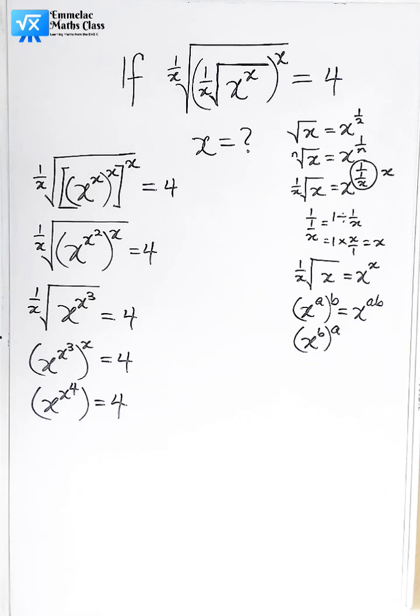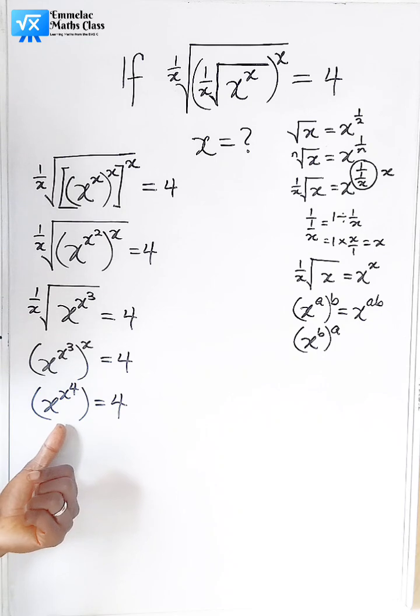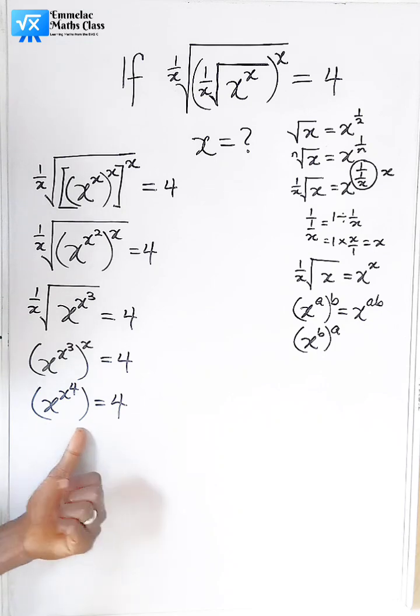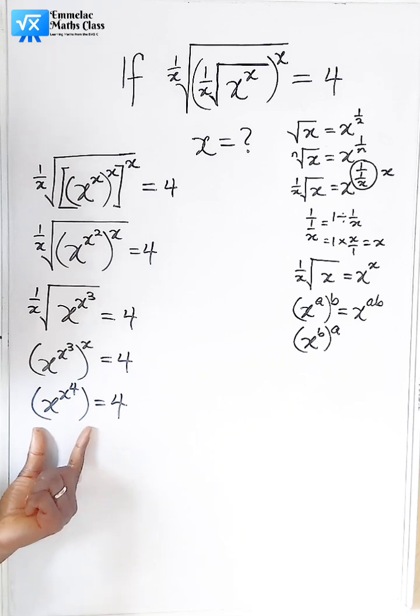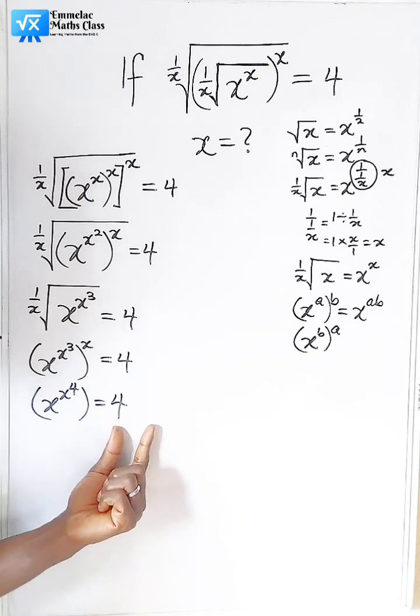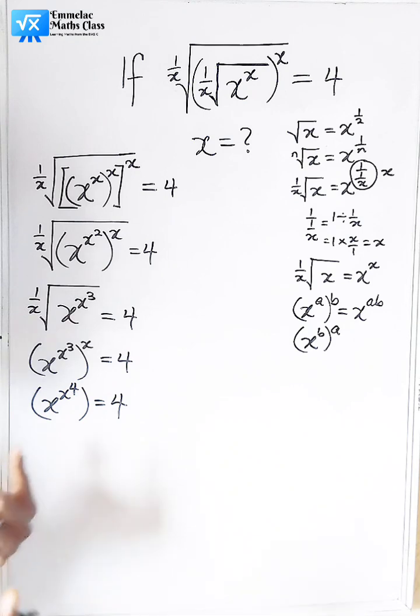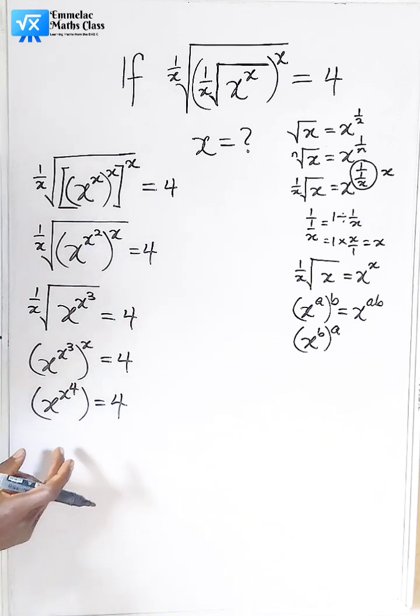Then how do we simplify this? Let us look for a way whereby we can have the same structure on the left hand side and right hand side. What do we do here? Let us raise both sides to the power of 4.